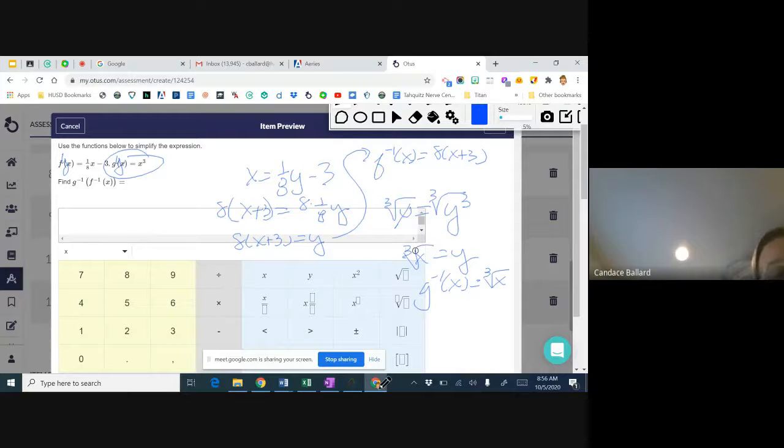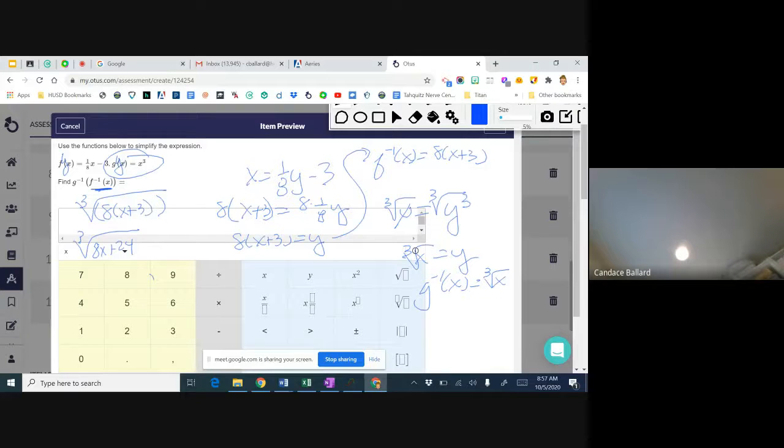All right, so this says I'm going to take the f function and substitute it into the g inverse function. So I'm going to basically write my g function, but instead of writing the x, I'm going to write parentheses. So I've got cubed root of x plus 3. I don't have to put the parentheses in; it should take it without them. It might want you to distribute this, I don't remember. So 8 times x plus 3, because I substituted this in for the f value. It might have you check the answer, see if it has you distribute 8x plus 24.